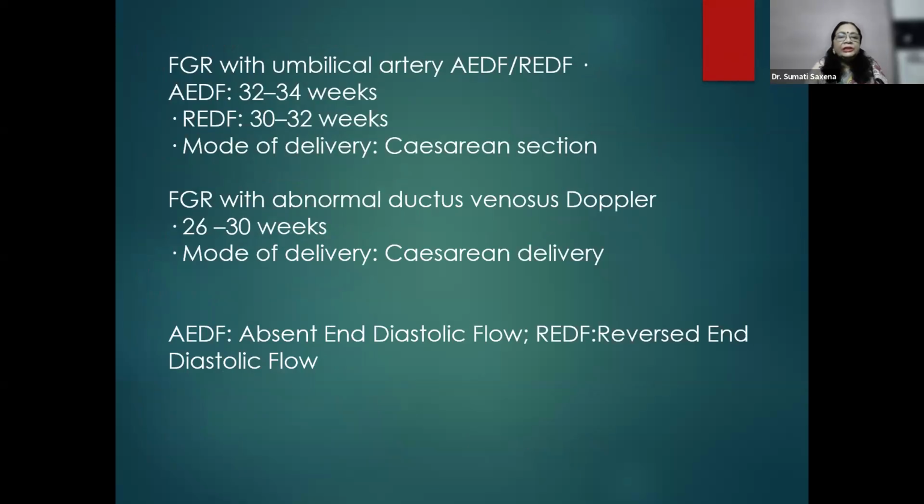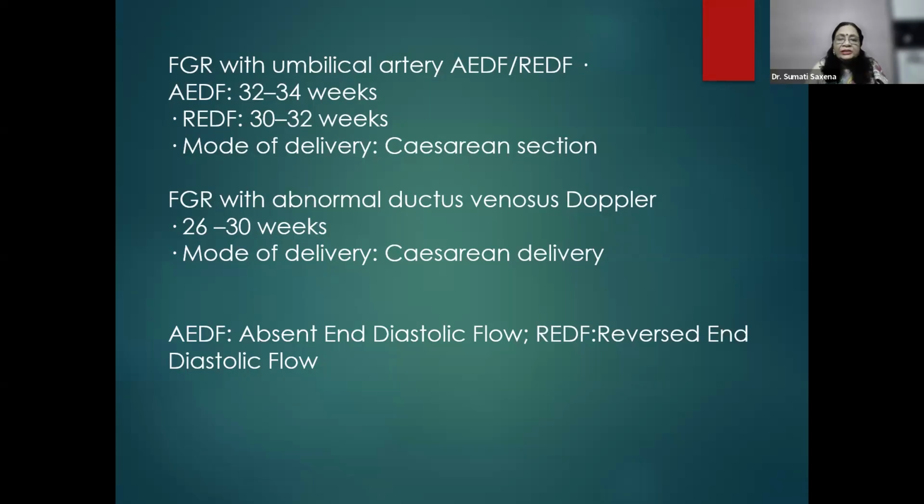In fetal growth restriction with umbilical artery absent end diastolic flow or reverse end diastolic flow, in absent end diastolic flow you can continue up to 34 weeks. In reverse flow, it depends; if the patient is coming with reversed end diastolic flow, then you have to terminate pregnancy immediately with counseling of fetal distress.